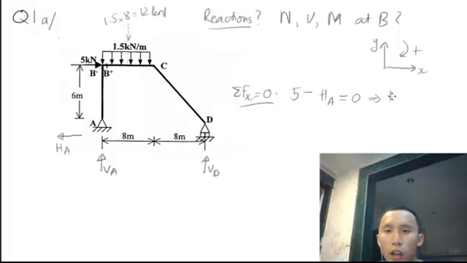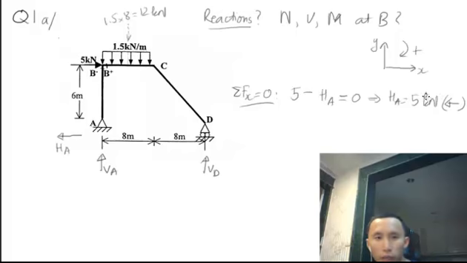Therefore HA equals 5 kilonewton, and you see that it is positive 5, so it means HA is the same as our first assumption of direction, still to the left. So I'll put 5 here.